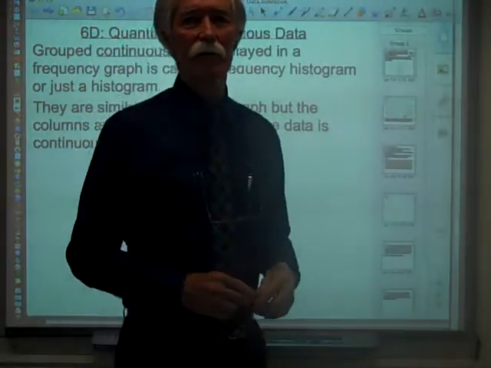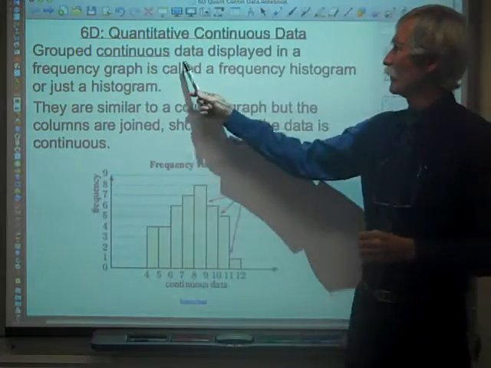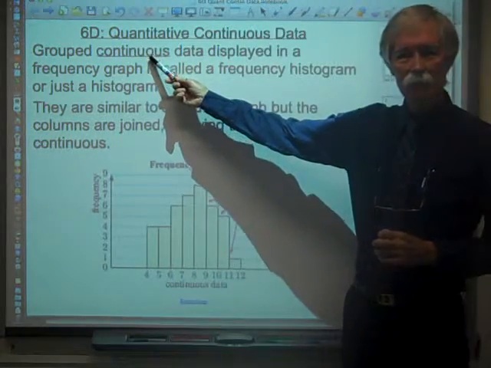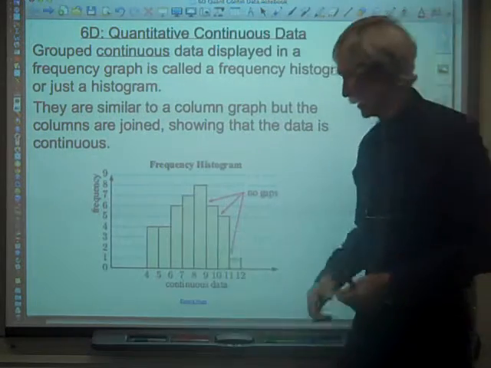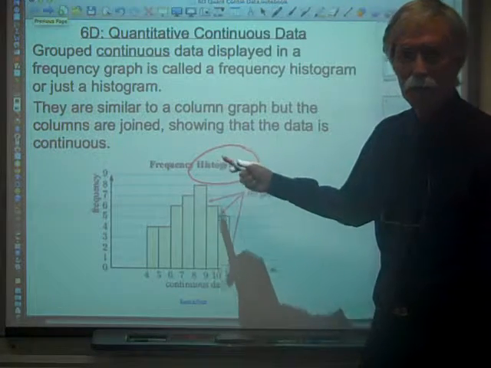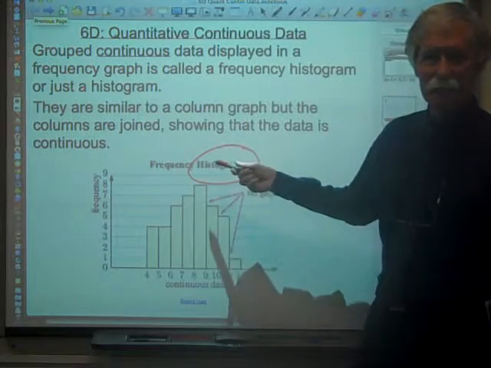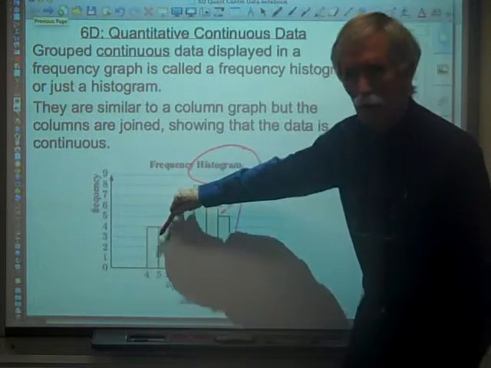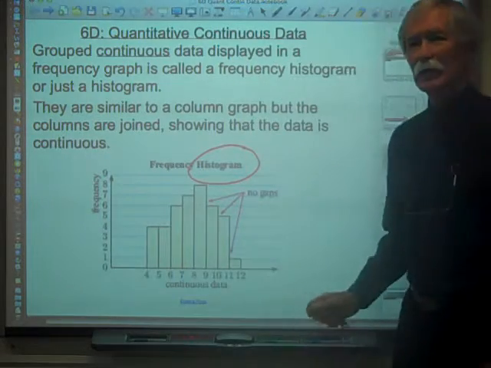One important bit of vocab. When you have continuous data bar charts, it is called a histogram, and the IB will use that word. If they use the word a frequency histogram, they mean continuous data, and they mean that the bars should not have a gap. The bars should be touching each other.